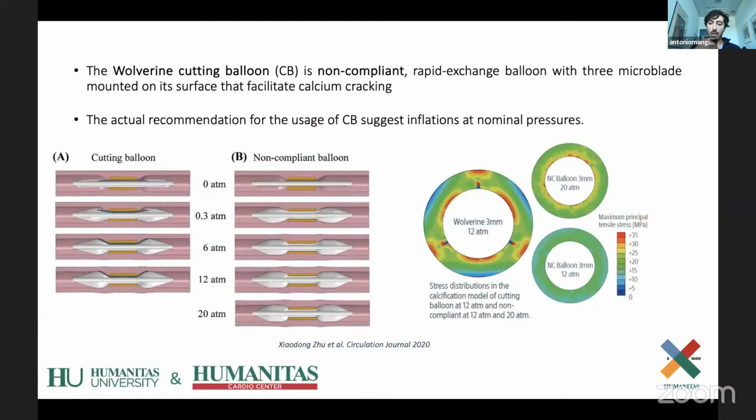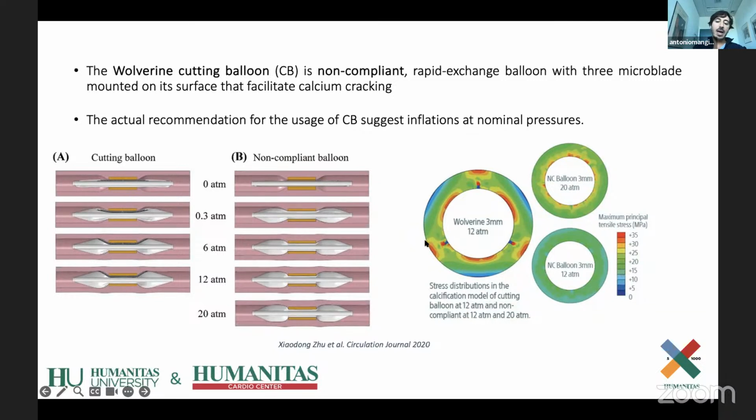Compared to a non-compliant balloon, and this is something that I learned directly from Azeem, but is reported in the literature, you see that the Wolverine cutting balloon is fundamentally important because, compared to a non-compliant balloon inflated at 20 atmospheres, the tensile forces applied to the vessel wall with a Wolverine inflated at lower pressure, so at 12 atmospheres, are higher.